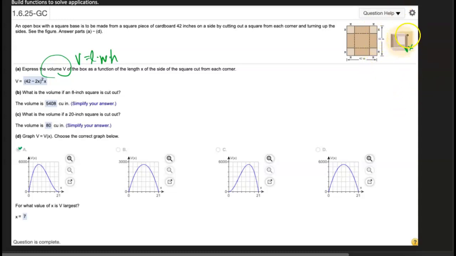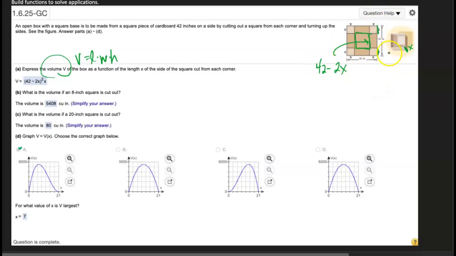What I also need now is what's on the bottom face of this box, in other words, these dimensions here. And to find those dimensions, if I use the paper in its entirety, which was 42 inches, and I subtract these little segments, x and x, or in other words, 2x, I get that the length of that side is 42 minus 2x.